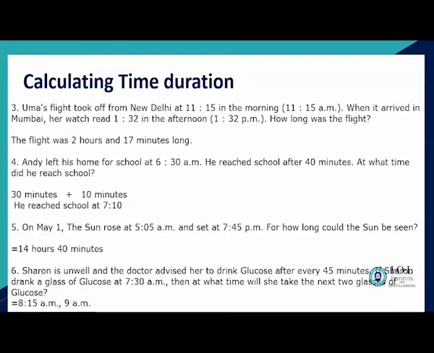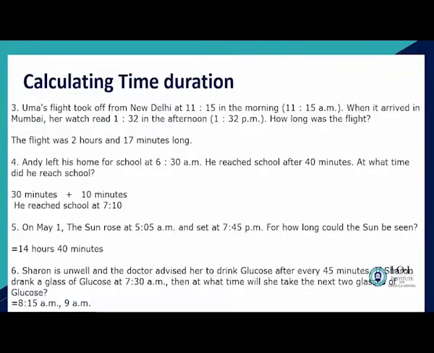Uma's flight took off from New Delhi at 11:15 in the morning, that is 11:15 a.m. When it arrived in Mumbai, her watch was reading 1:32 in the afternoon, or 1:32 p.m. How long was the flight?